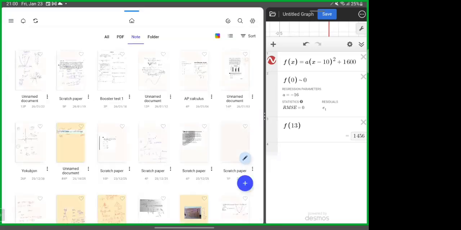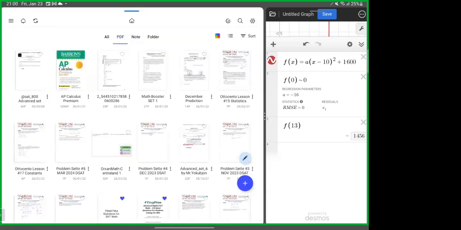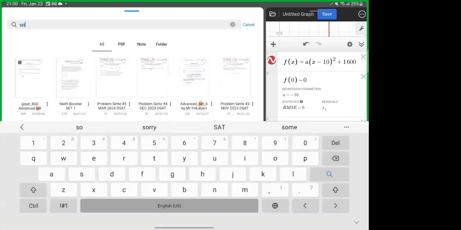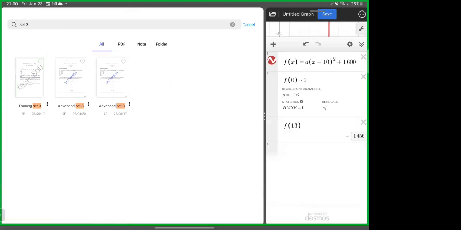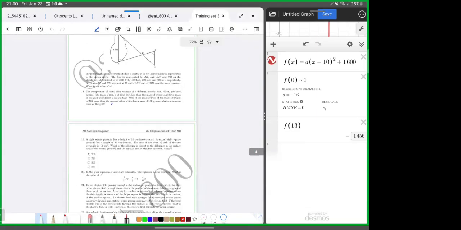So let's take a real exam question. I think it's from my advanced train set 3, let's say here.